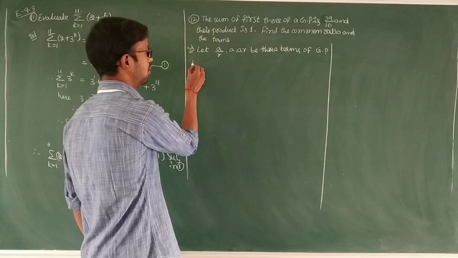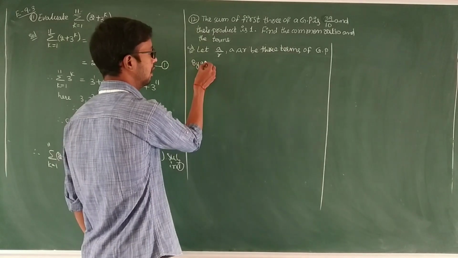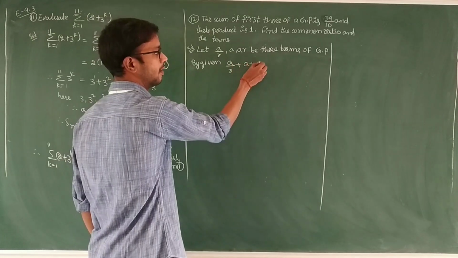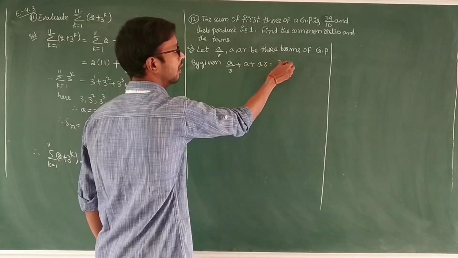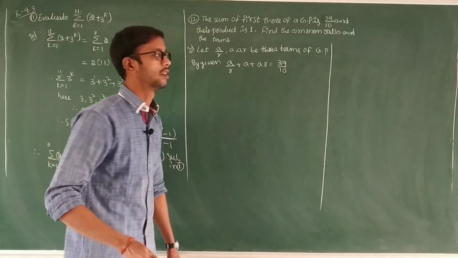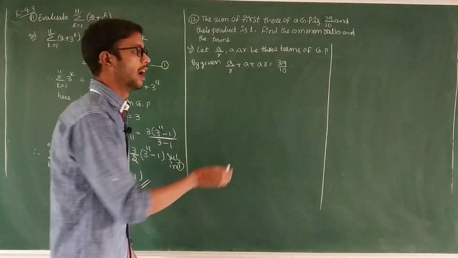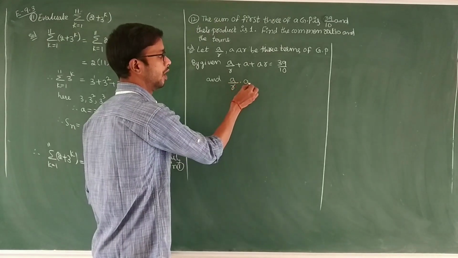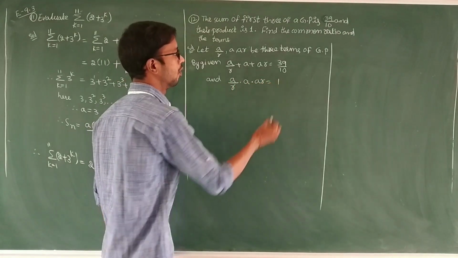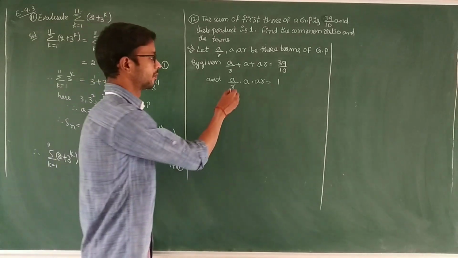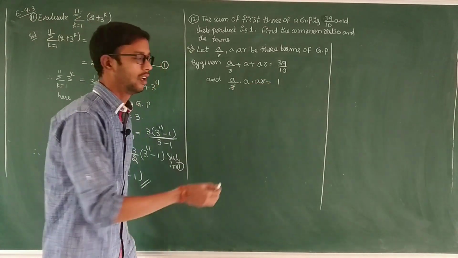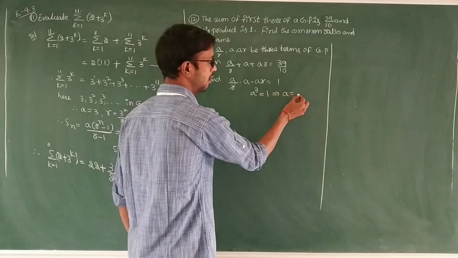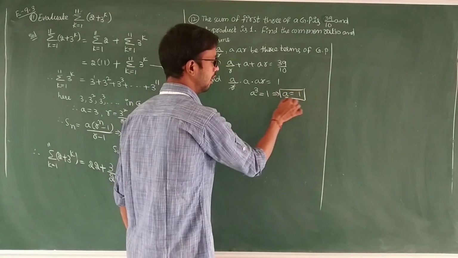By the given sum, a by r plus a plus ar is equal to 39 by 10, and the product a by r into a into ar is equal to 1. r gets cancelled. a cube is equal to 1. a is equal to 1.